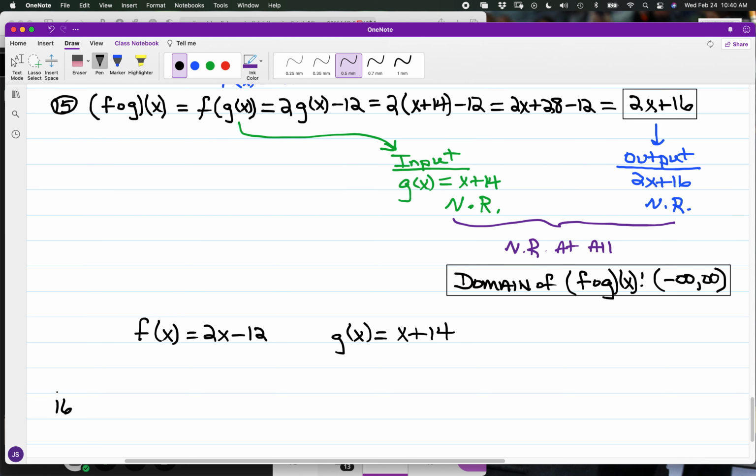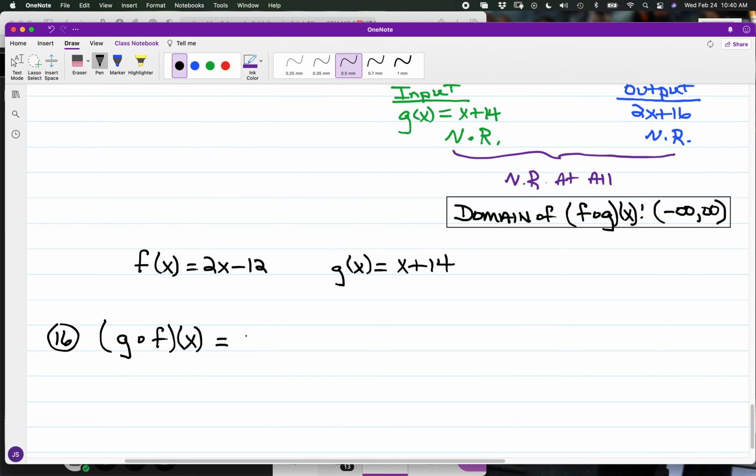So we have with 16, g composed with f of x, and that is equal to g of f of x. Now before we had the output function to be in accordance with f, now it's going to be in accordance to what was prescribed for g of x.